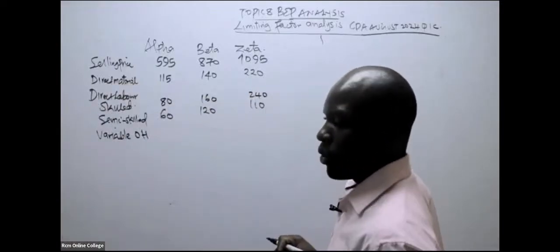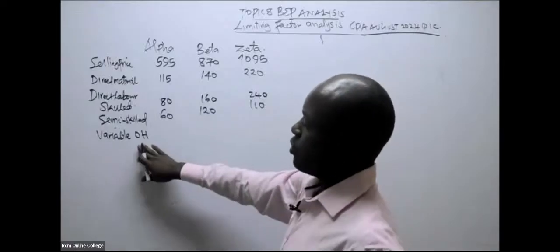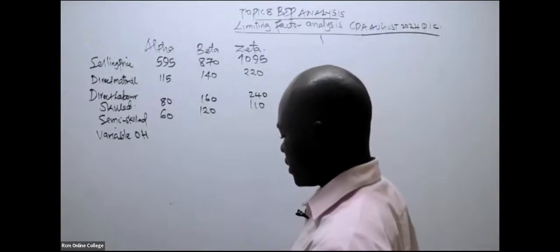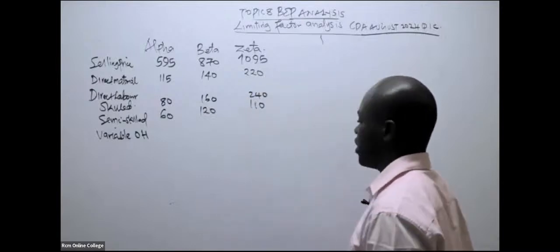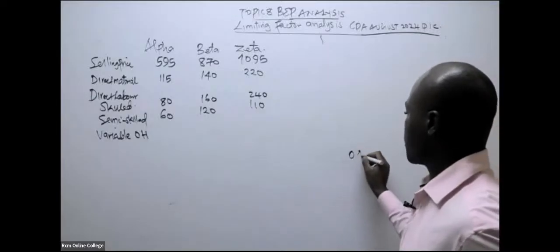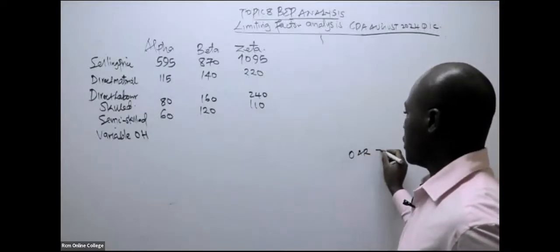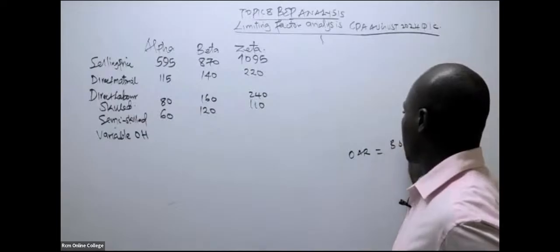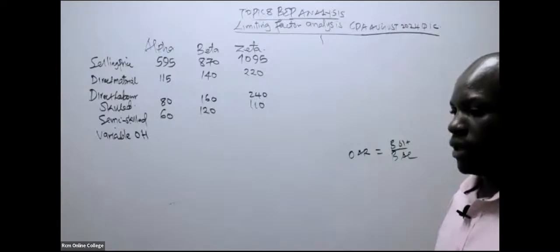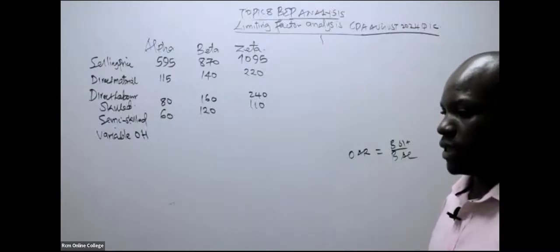Good. Now, we need to consider how these variable overheads will be absorbed. I don't know whether it is this class or a different class. If you are told we did something to do with absorption, we looked at overhead absorption rate is equal to budgeted overheads divided by budgeted activity level.